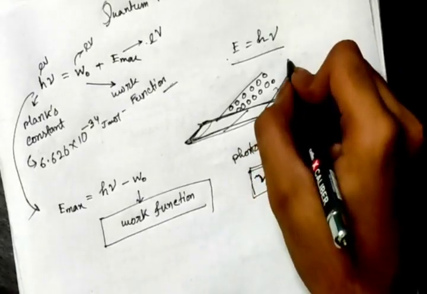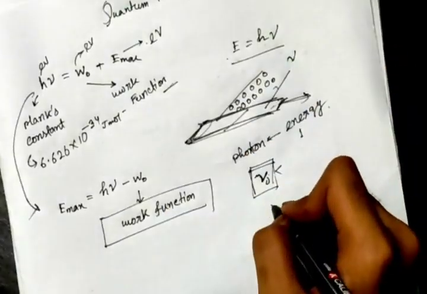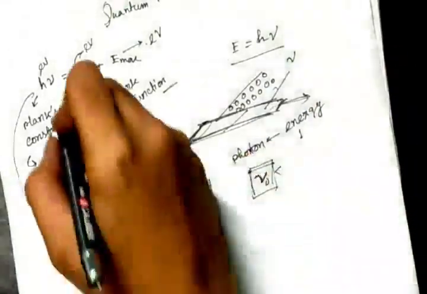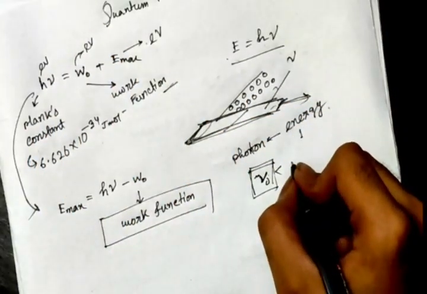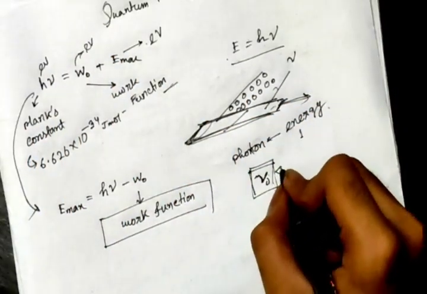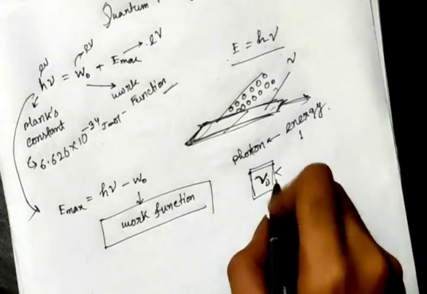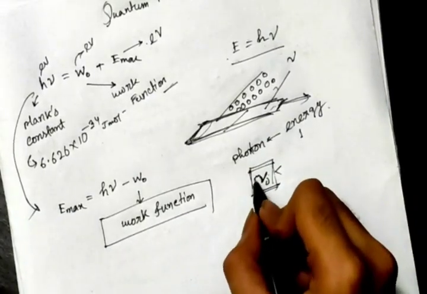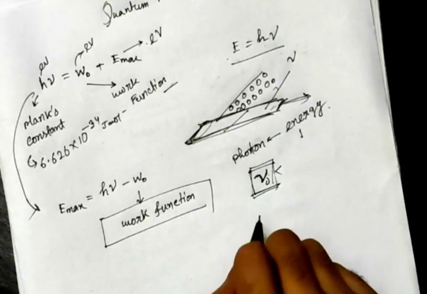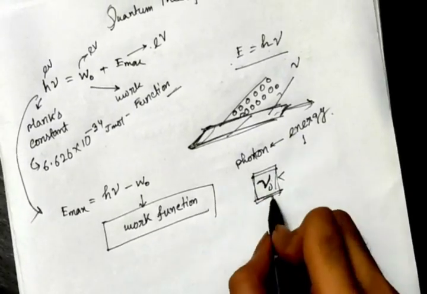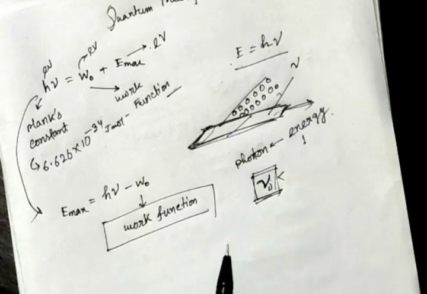So if the light is carrying frequency nu, then to start the photoelectric effect, the frequency must be greater than nu naught. That means it is the threshold frequency.